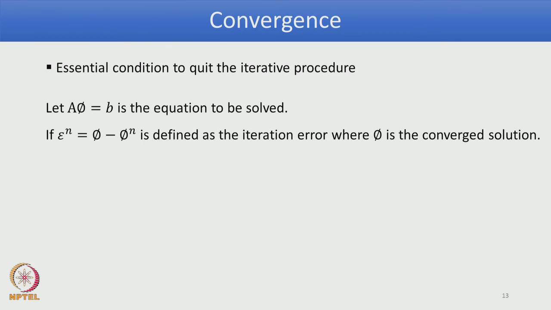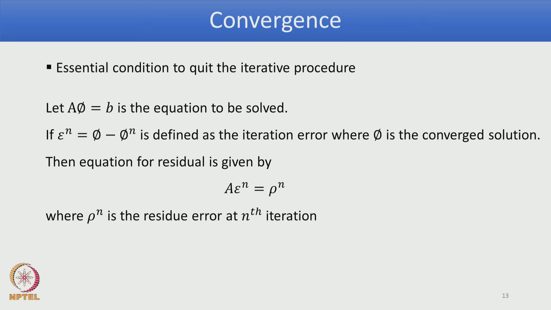Let us say you are doing iteration, then you get the phi value from the previous level and the phi value from the present level. The difference between the two is what is referred to here as epsilon, and this is evaluated for the current level. So, epsilon to the power of n is for the current level, and based on this we decide whether to quit the particular iterative procedure.